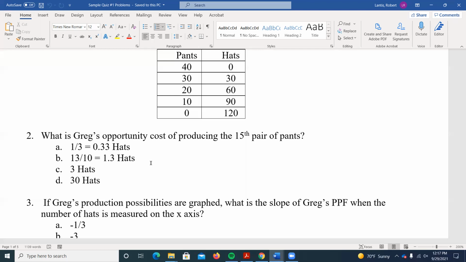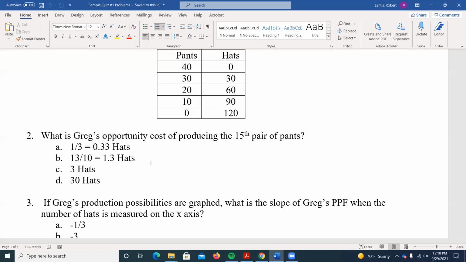In the previous problem, the slope of that production possibilities frontier tells me the cost of the x-axis good. Now, problem 3 is saying, what if you put hats on the x-axis? Now what's the slope of that production possibilities frontier? If I flip this around, it's just the inverse, right?